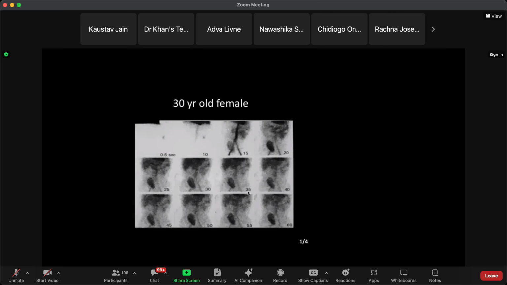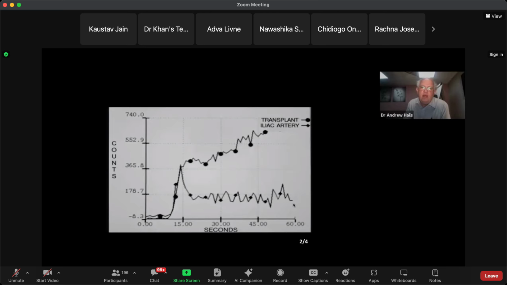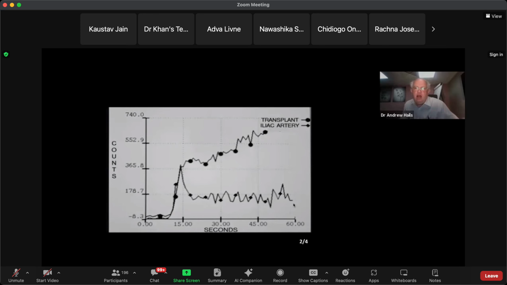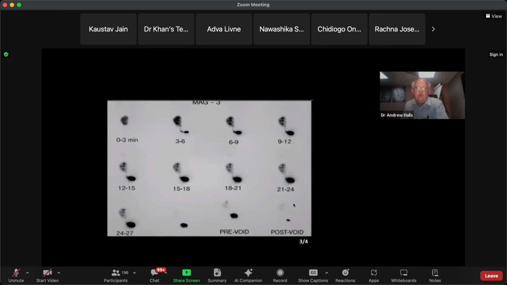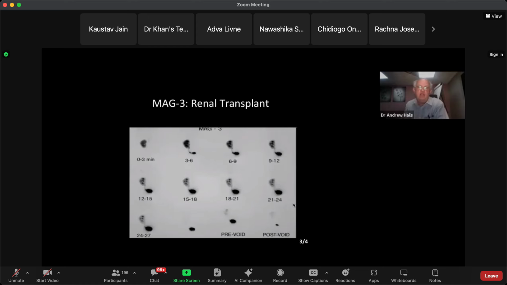And this is the perfusion phase of a transplant renogram. And there we have the iliac artery and the transplant, and it's perfusing well. And in fact, those are the scintigram images, and they look very good.